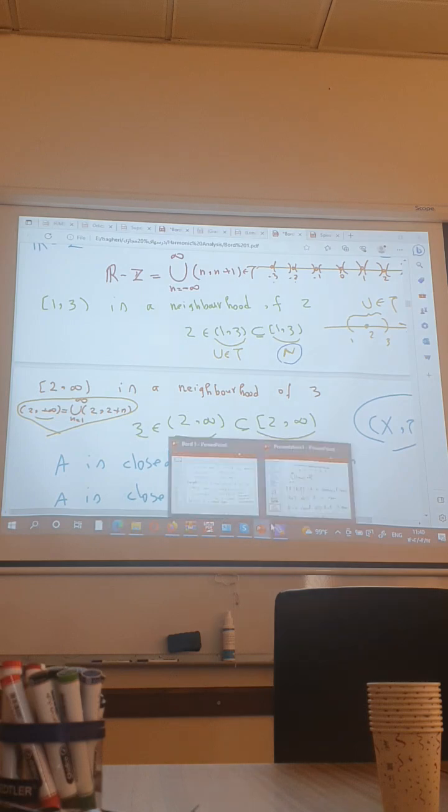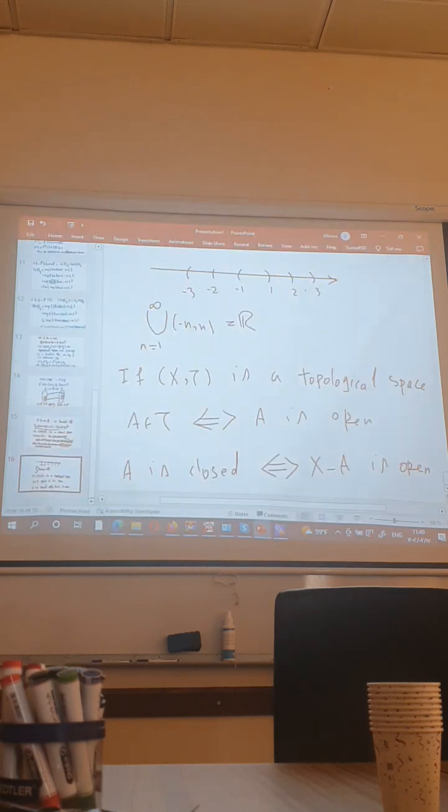Because, I mean, an interval. For example, if we consider this, 2 to infinity, okay? This is our open set, for example, and we see 3 is in this open set, okay?